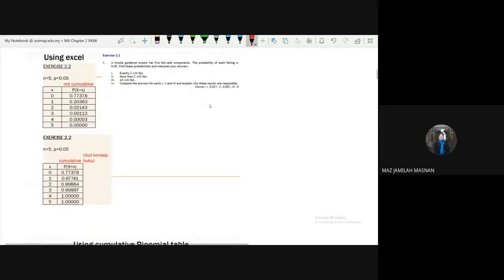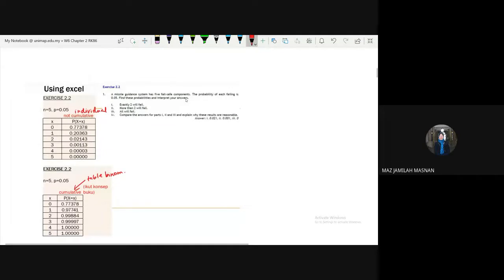I have my individual values, so not cumulative means this is an individual value, and we have cumulative, which refers to our table of binomial. Let us see how we can solve the question if you are using Excel on your own.